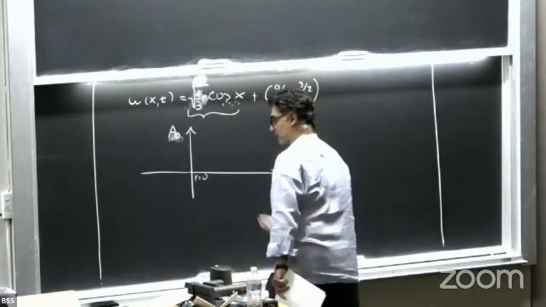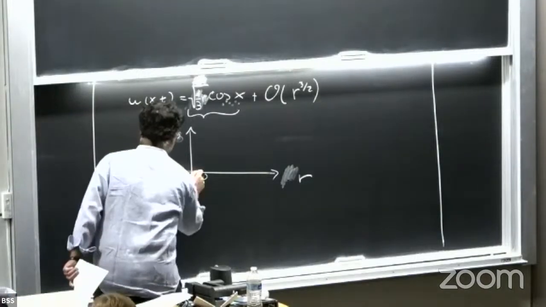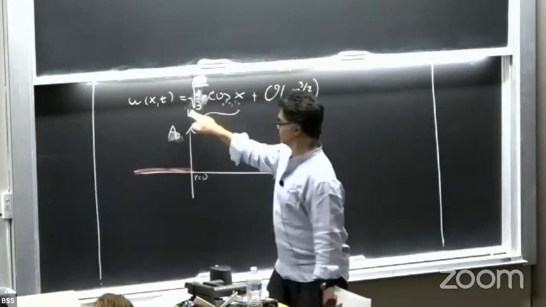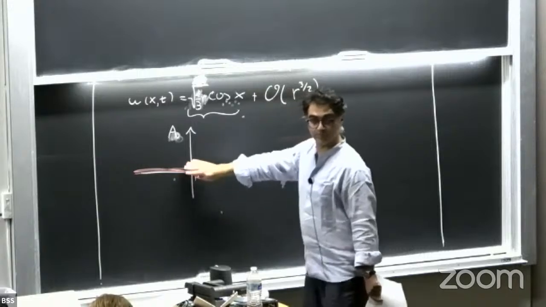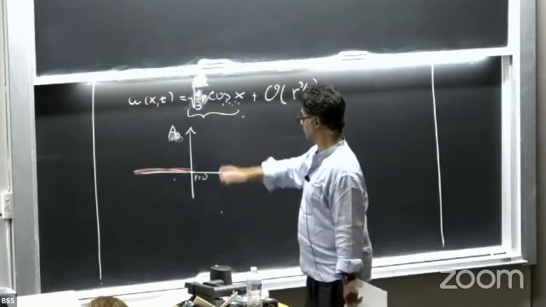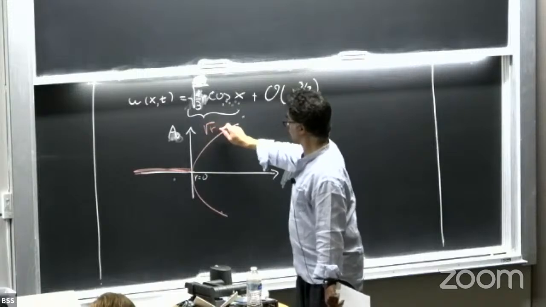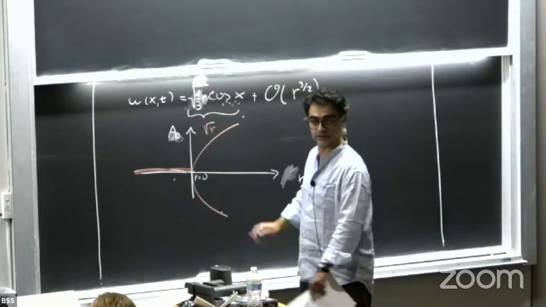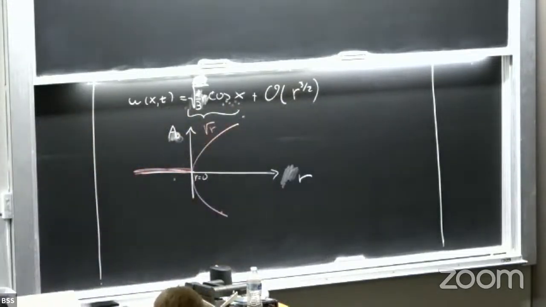The structure of this problem is what people call a bifurcation, between a solution here, where the amplitude is equal to 0 for r below 0, and then here start two branches, plus and minus, depending on what you pick from the square root, that either go up or go down, and they go up like the square root of r, for small deviation from the average. So this is the structure, if you like, of the bifurcation. This is all I want to tell you about the ordinary Swift-Hohenberg model.